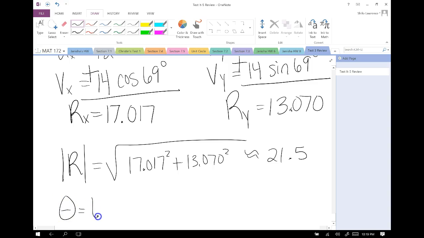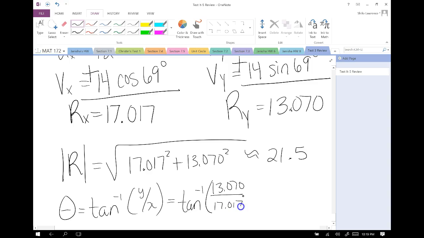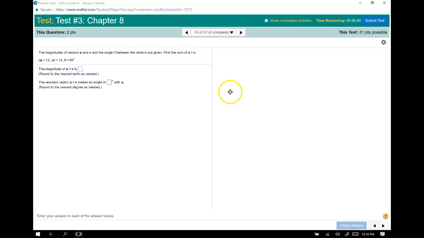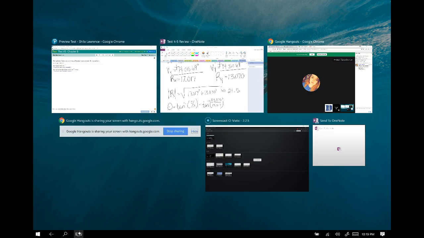And then for theta, we're going to do the tan inverse of your y over your x. So that's going to be tan inverse of 13.070 over 17.017. And that one they want rounded to the nearest whole number degree.